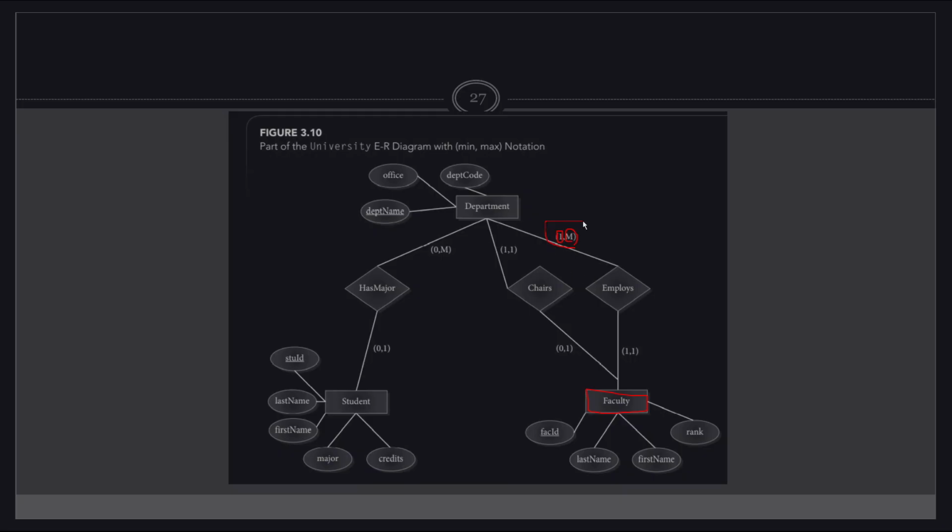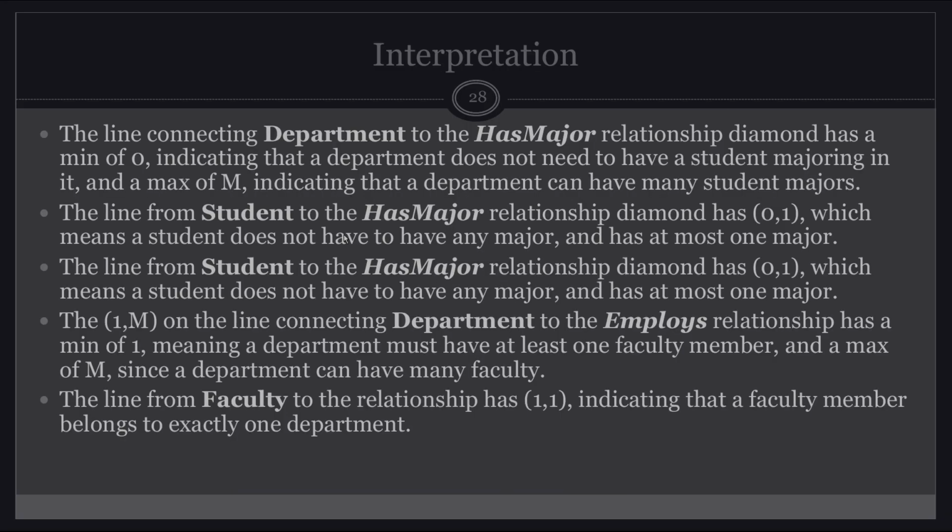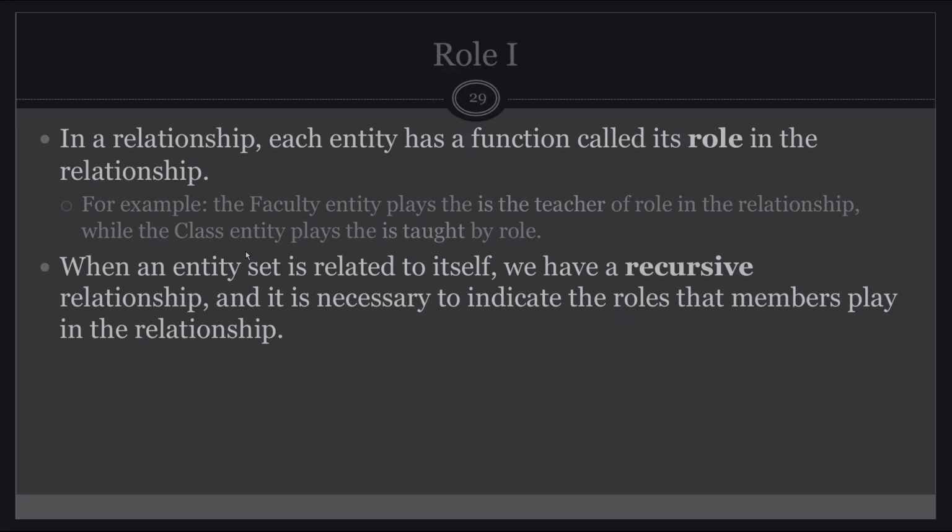So the number of faculty members that they're employing can range between 1 to m. Next is the faculty side of this. So the faculty member needs to be employed by some department, and they're only employed by one department, okay? That concludes this example. This is basically what I said, or at least part of it.